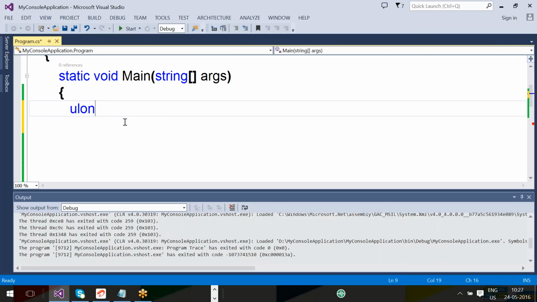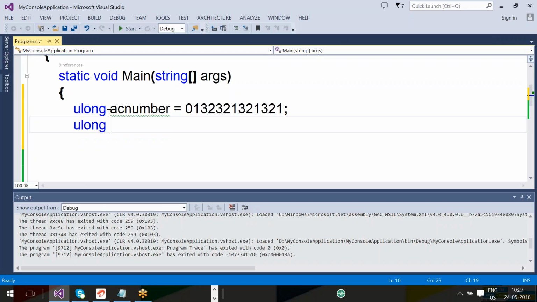Whenever you have the biggest unsigned numerical data, then go with ulong. Can you give me some real-time examples for ulong? Account number, excellent, a bank account number. Next, you can tell 100 examples now.